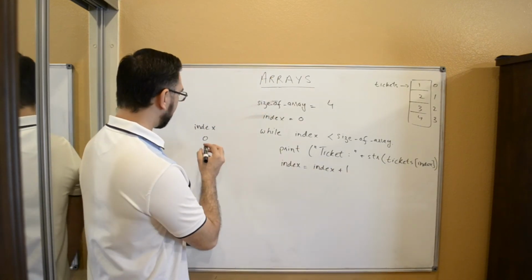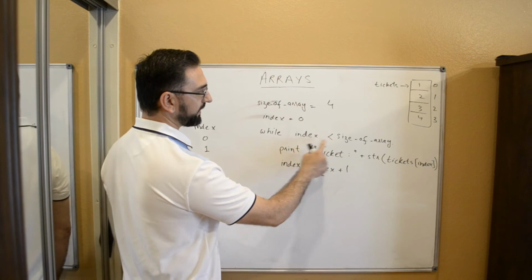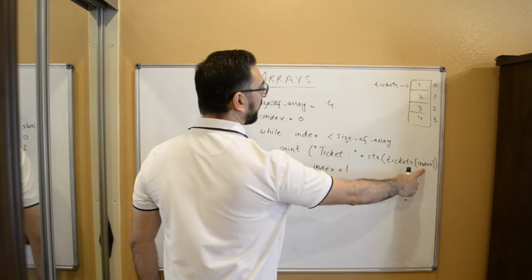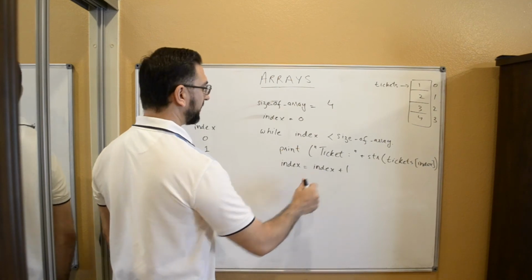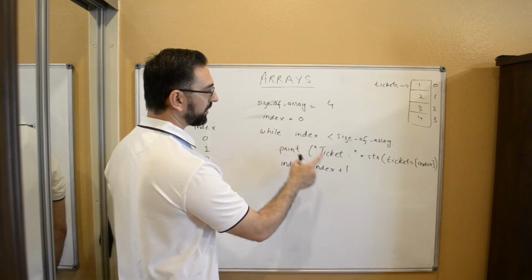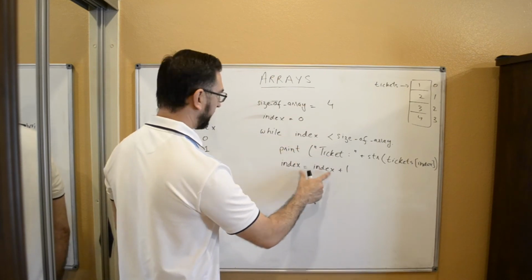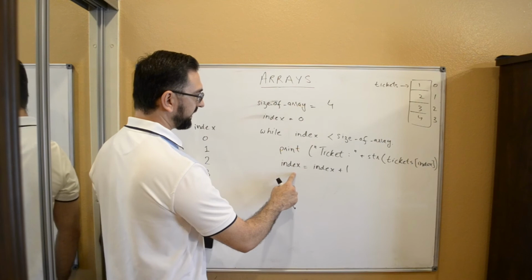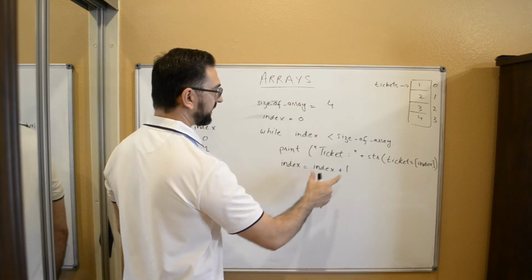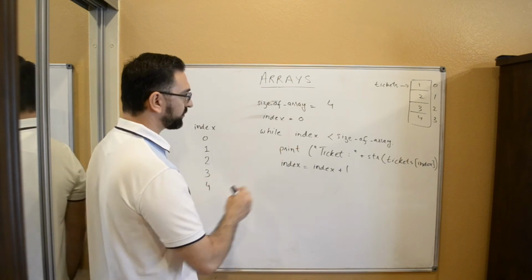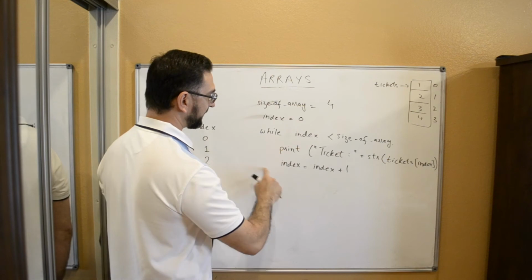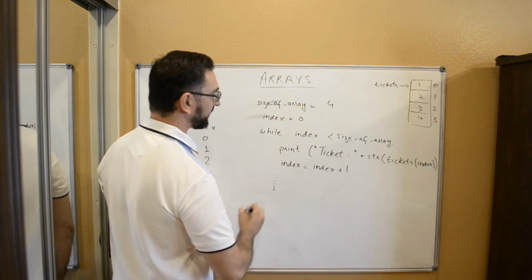In this case, index value is 1. 1 is still less than 4. It will go ahead and print the ticket at index number 1, increment the index, it will become 2, 2 is still less than 4, print the ticket, increment the index, index is now at 3, 3 is less than 4, print the ticket and increment the index to 4. 4 is less than 4 now evaluates to false, so it will exit this while loop and continue with the rest of the program.